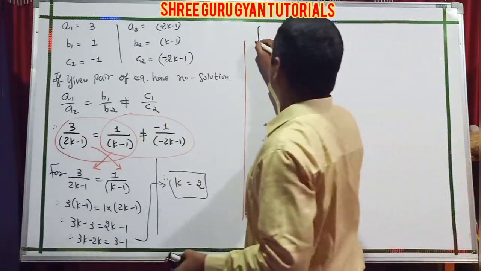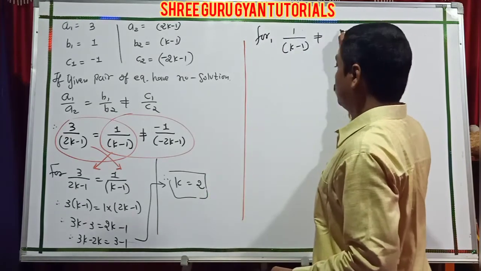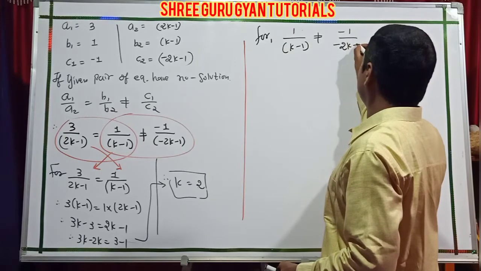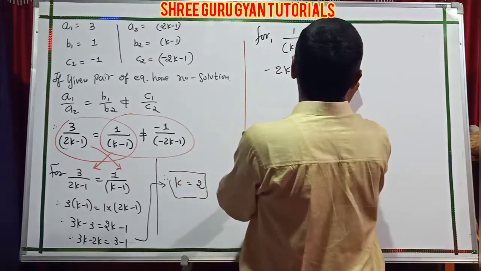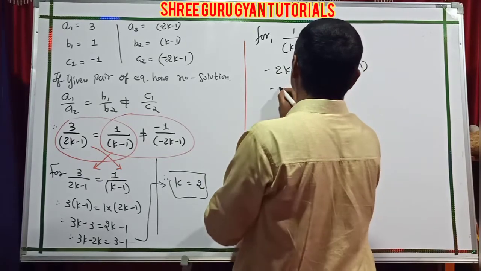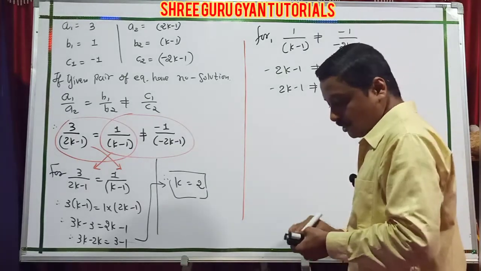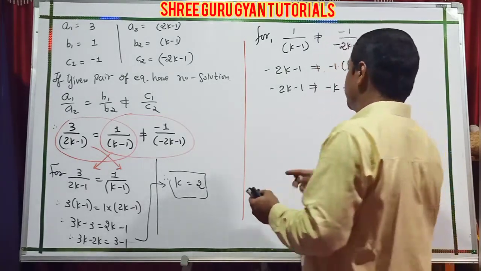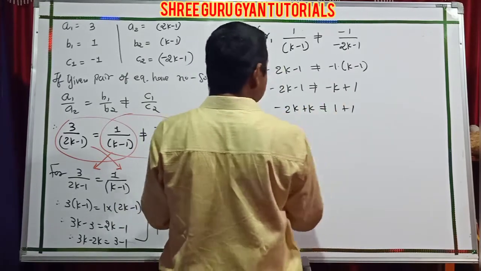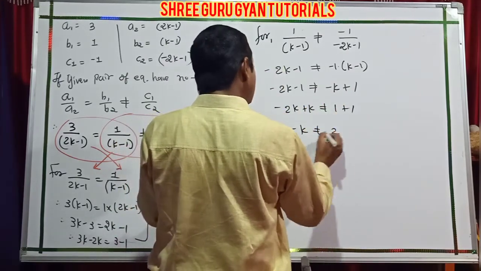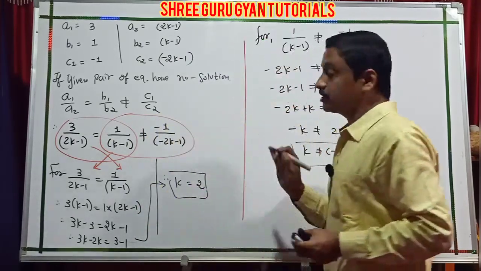So you also take this case: 1 by k minus 1 is not equal to minus 1 by minus 2k minus 1. So minus 2k minus 1 is not equal to minus of k minus 1, so minus 2k minus 1 is not equal to minus k plus 1. It means minus 2k plus k is not equal to 1 plus 1, so minus k is not equal to 2, k is not equal to minus 2. This value never happens in this case.